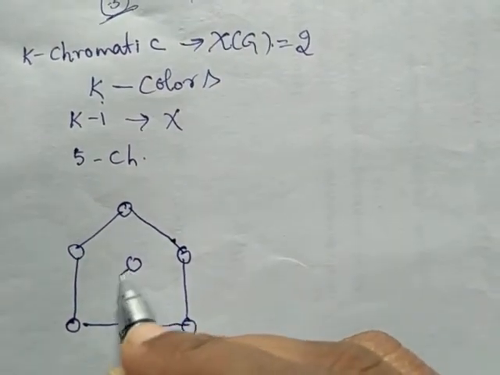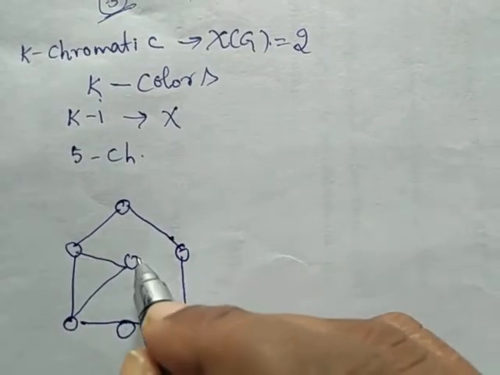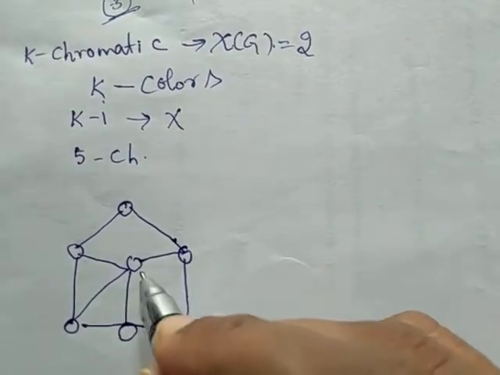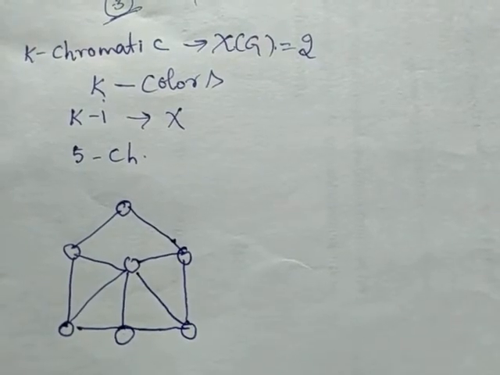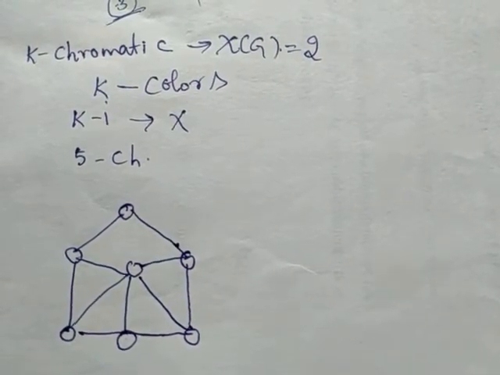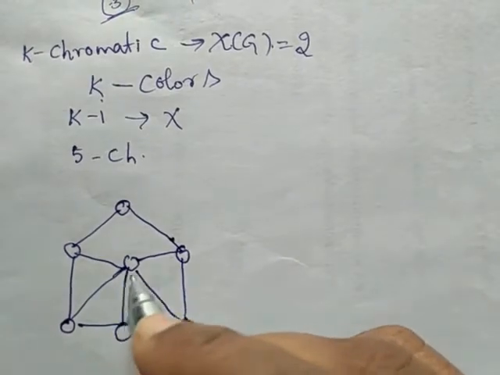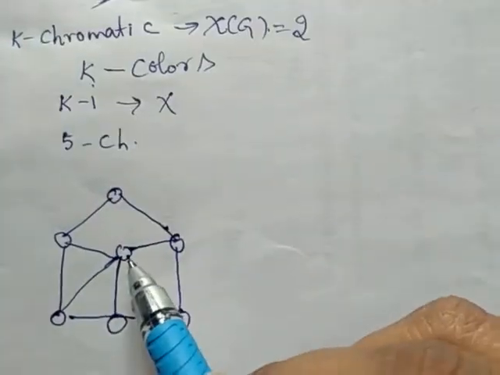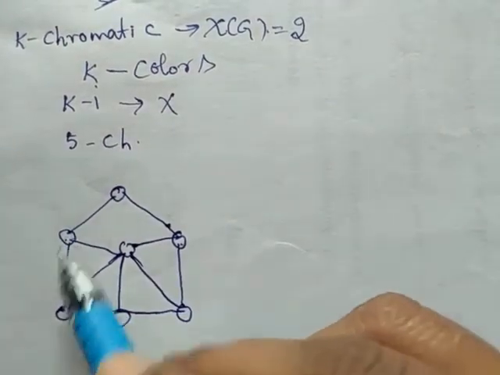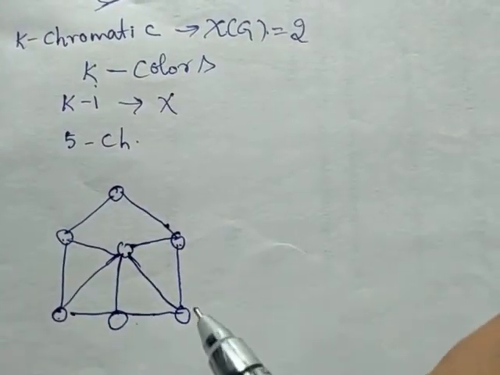These all are vertices. So, this vertex is adjacent to this, this, and this and this.